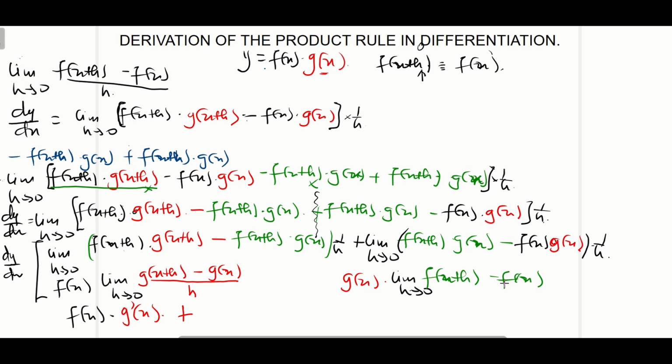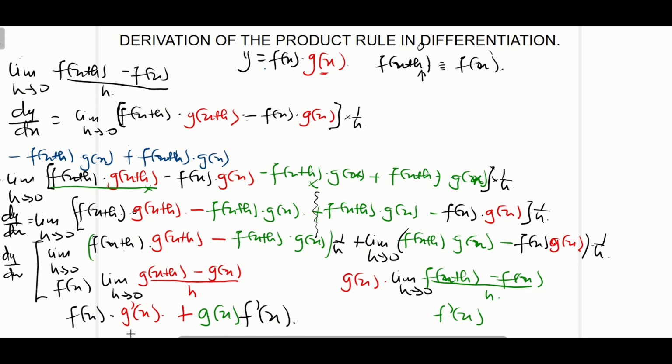Don't forget everything over here is also divided by h. But what can we realize? We have g of x over here, so I bring my g of x. And the whole of this is the derivative f prime of x. So this now becomes f prime of x.